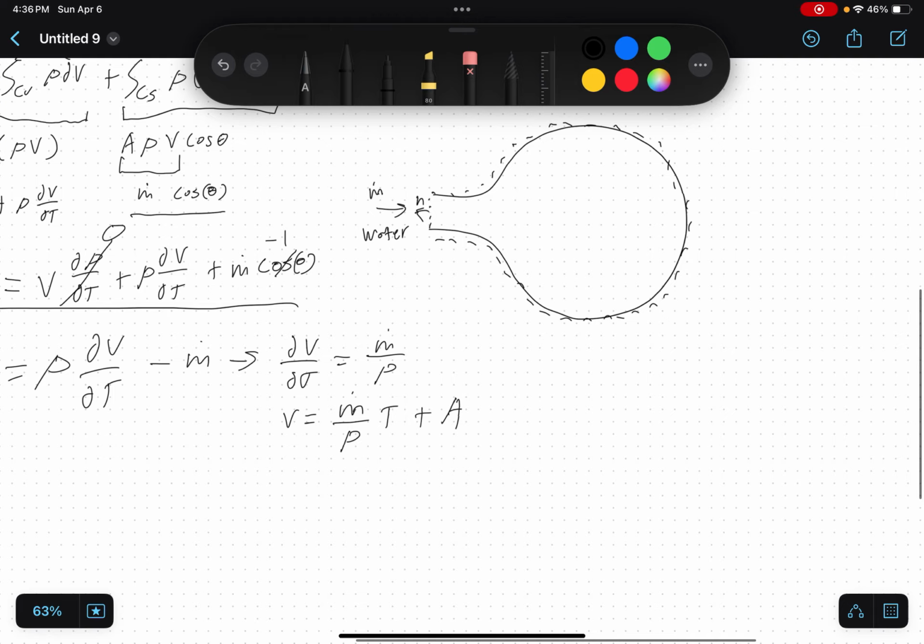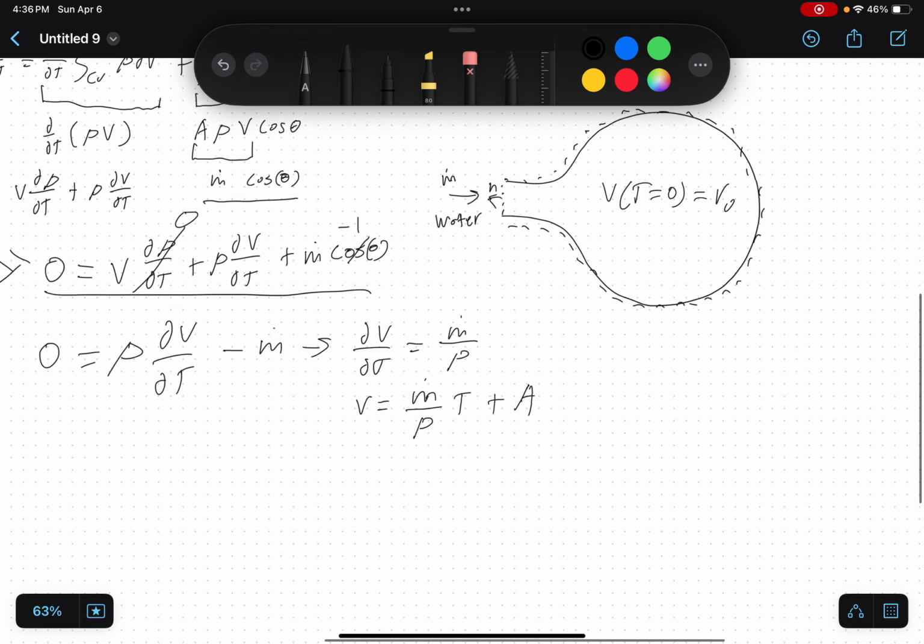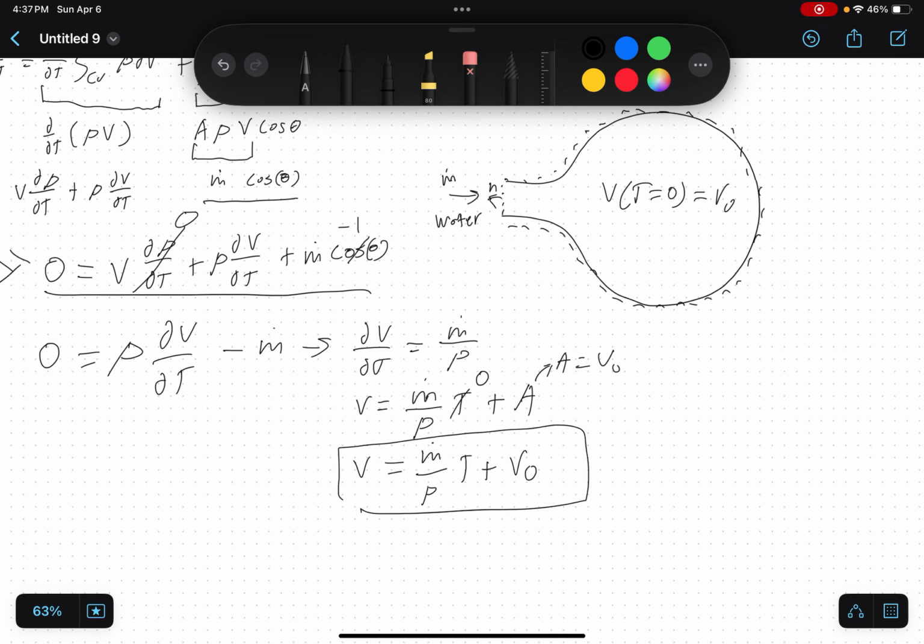It should be that V at t equals 0 equals V naught. So the balloon initially has a volume before you even start blowing water into it. So at t equals 0, A equals V naught. So then V equals m dot over rho times t plus V naught. There you go. And it's V as a function of time.